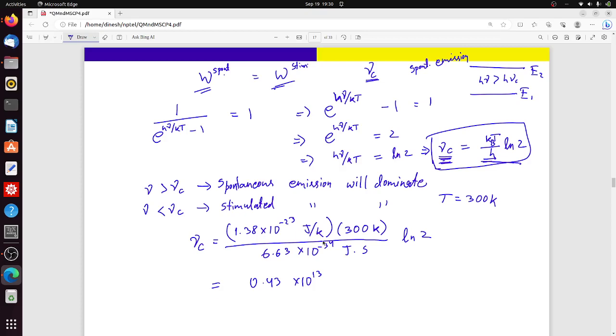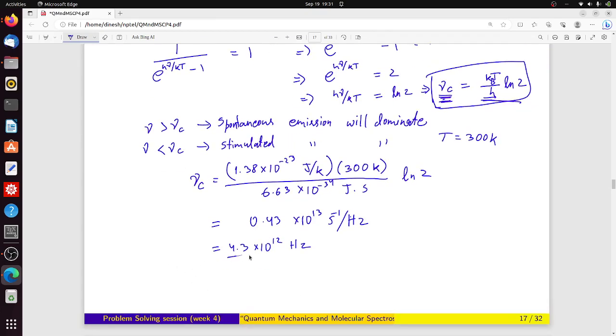Here you see joule per Kelvin, and there is a Kelvin, so Kelvin will cancel, and joule over joule second gives second inverse. This is frequency, right? Frequency means hertz. So this is 0.43 into 10 to the power 13 hertz. Okay, let me rewrite this as 4.3 into 10 to the power 12 hertz. So the critical frequency is 4.3 into 10 to the 12 hertz.